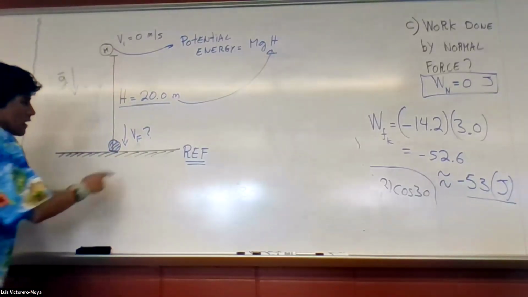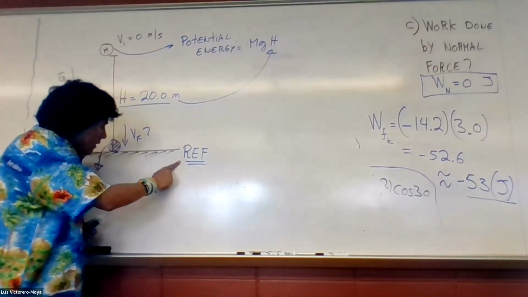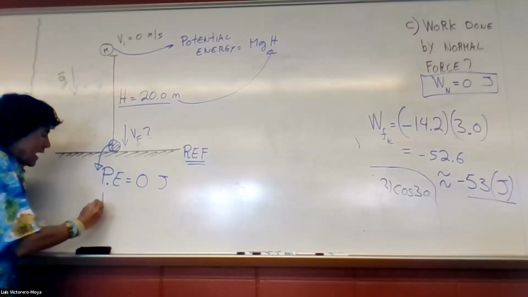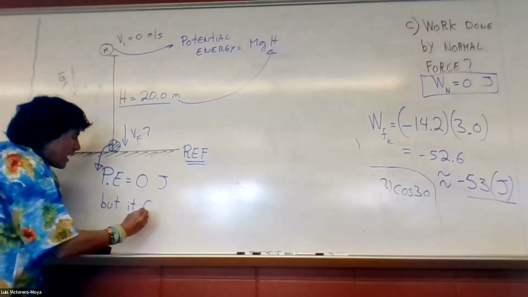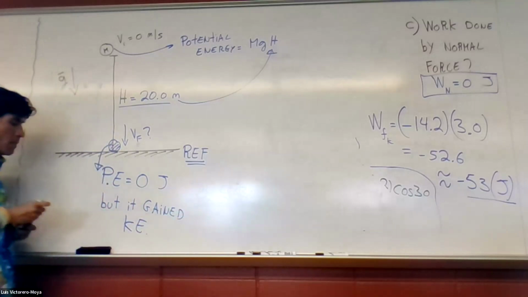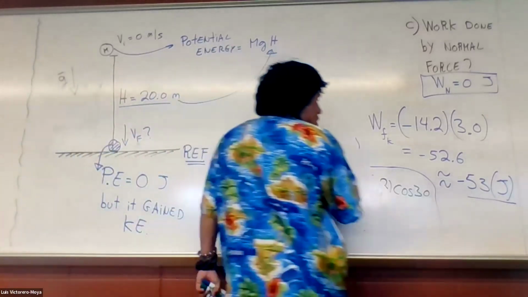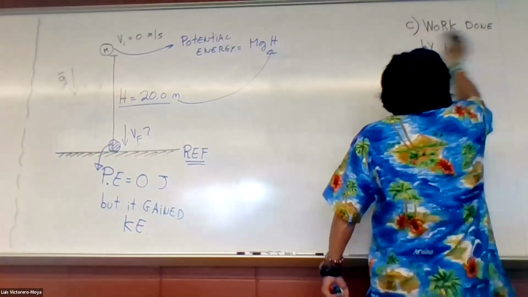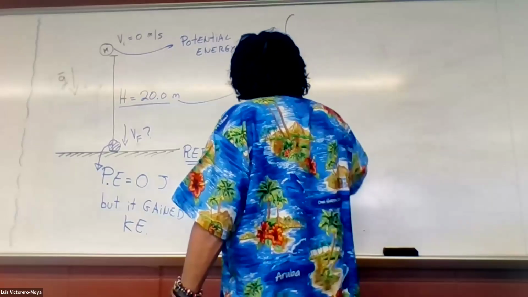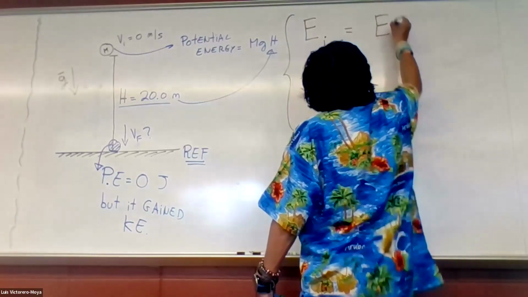And when the mass reaches the reference point, at the reference line or point, the potential energy, P, is 0 joules, but it gains kinetic energy, K. So energy initial is equal to energy final.